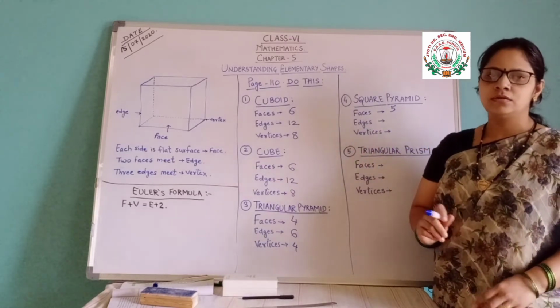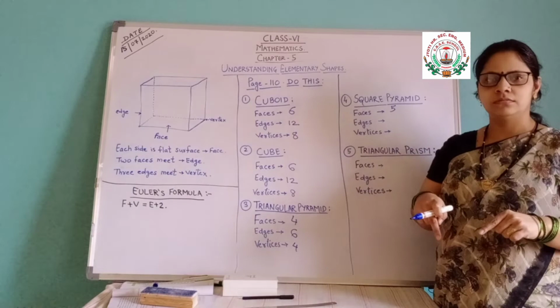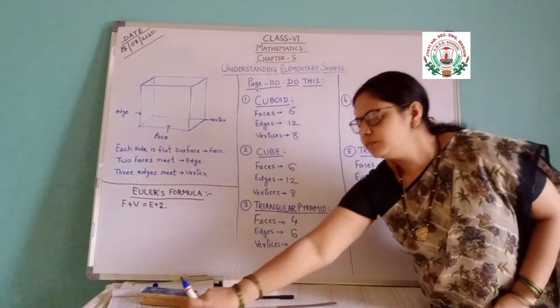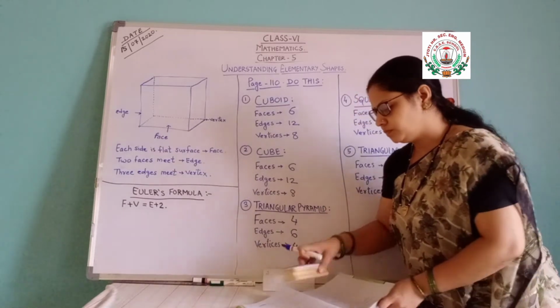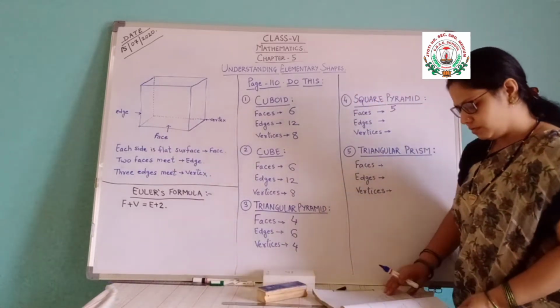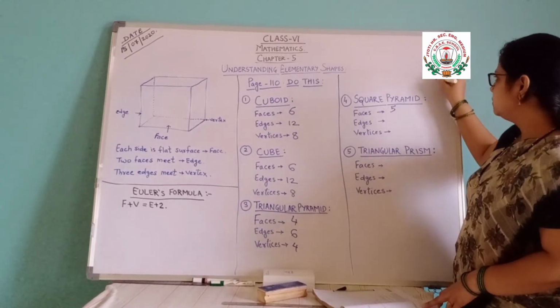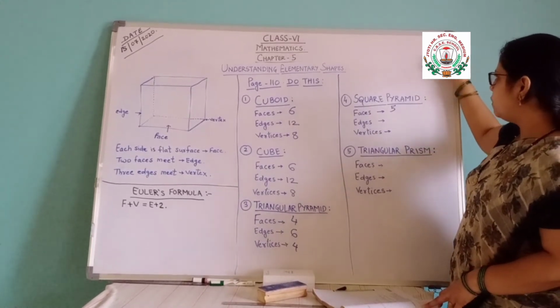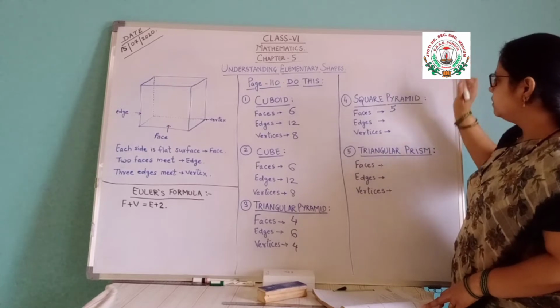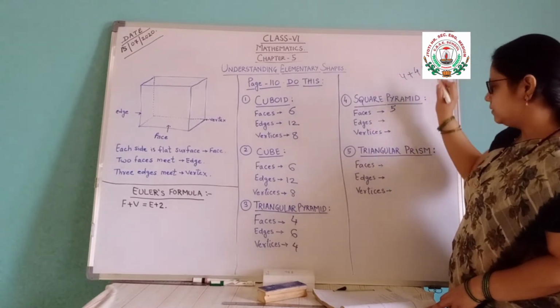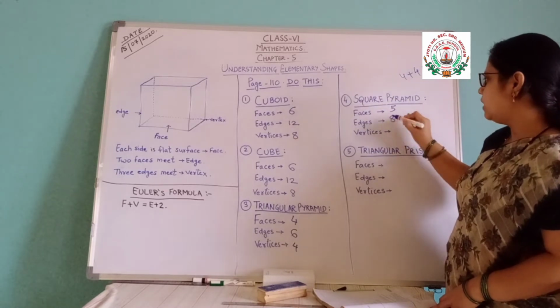Now edges. For all the four sides of the square, we will have 4 edges, and from all these corners also 4 more. So total 4 plus 4 from all the four sides, that is a total of 8 edges.